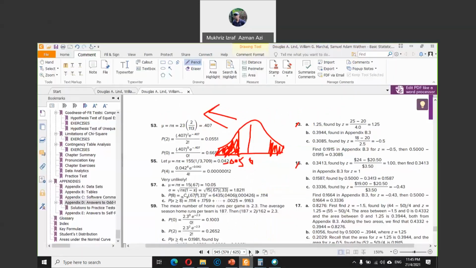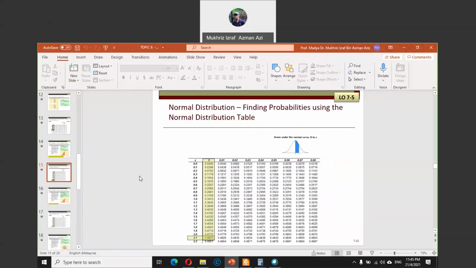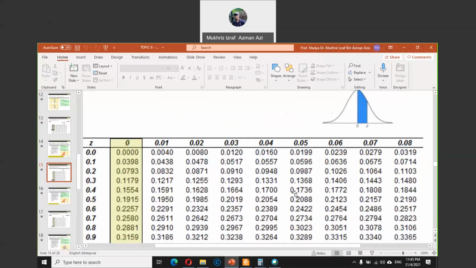So this is also what you find here. The value of Z will be negative 0.5, but when you read the table, you read it as 0.5. From this you can see that 0.5 is 0.1915 here.